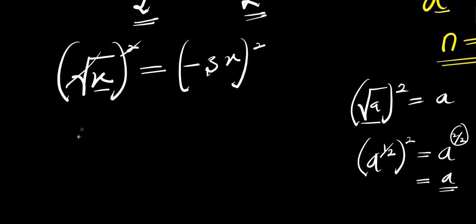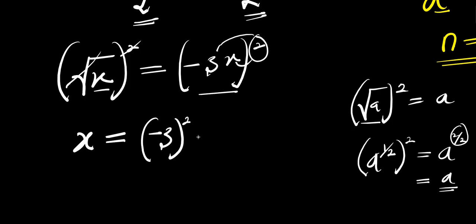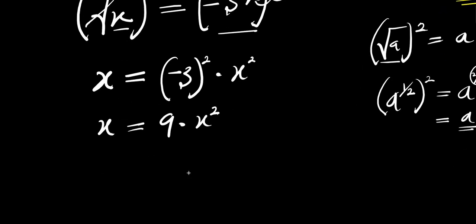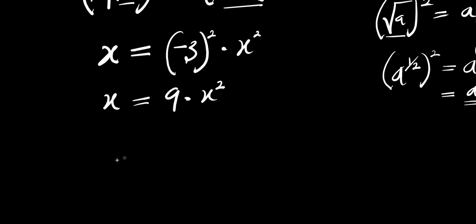So applying same here, we have x equals, for this one here, we will distribute this for each of the terms here. Have negative 3 to the power of 2 times x to the power of 2. From here, we have x equals, this is 9 times x squared. And from here, we have x equals 9x squared.